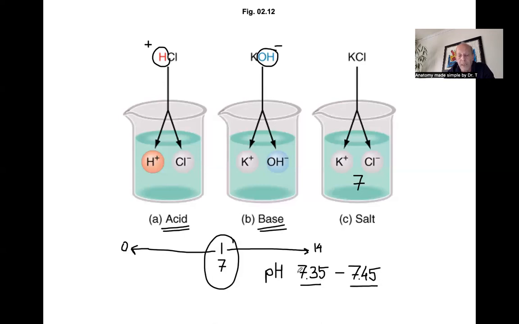If it goes less than this, towards 7 or below 7, we're talking about acidity, or if the value increases to 7.5 or higher, we're talking about alkalinity of the body.